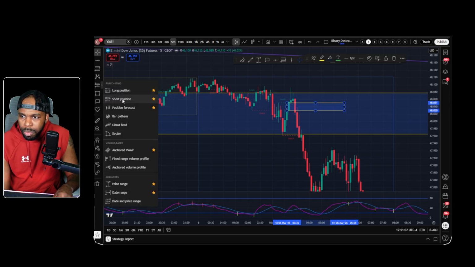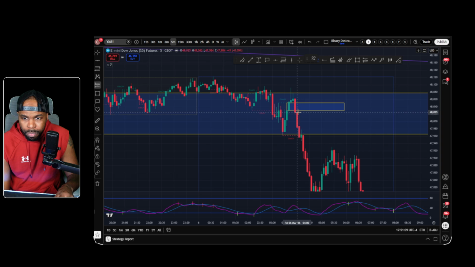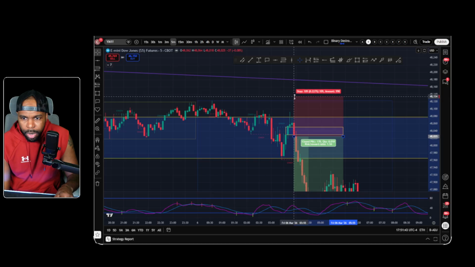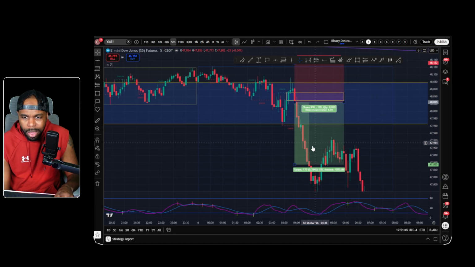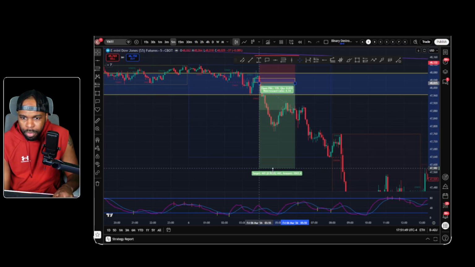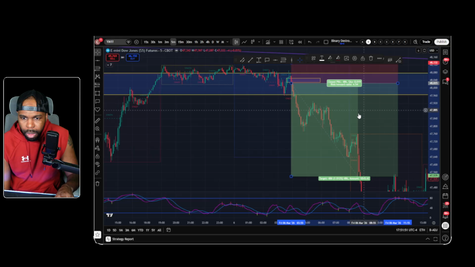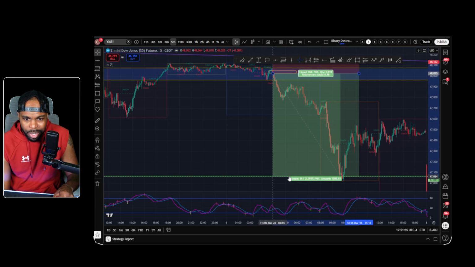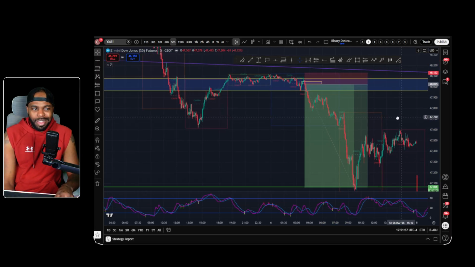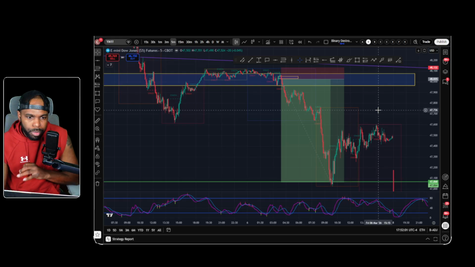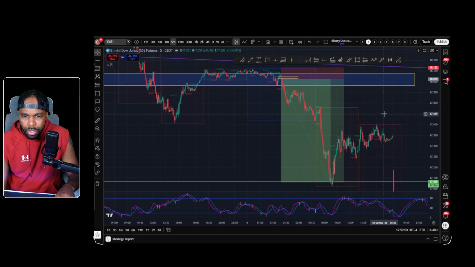Once price closed below that bullish fair value gap, I'm entering the trade, putting my stop right above the current session high, and literally, bro, I could have caught this whole move for the reversal. Sometimes I do that. Sometimes I do that. Crazy, right? Crazy.